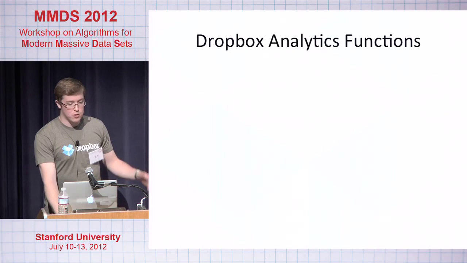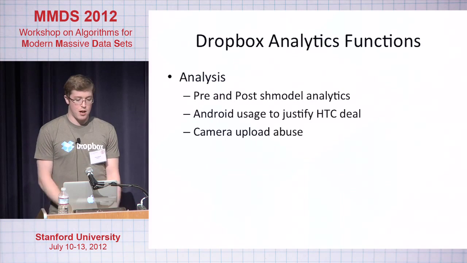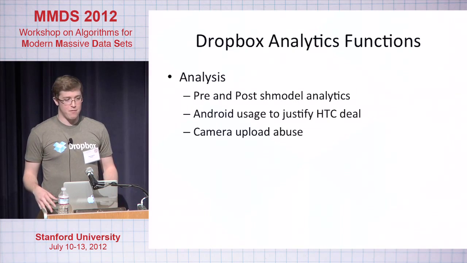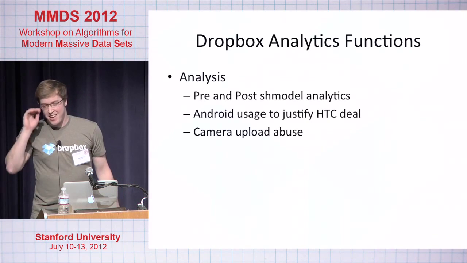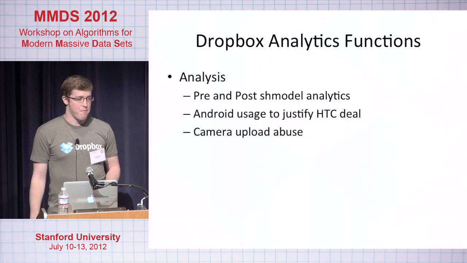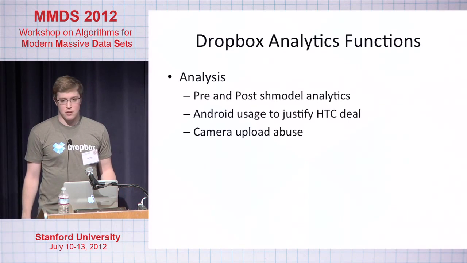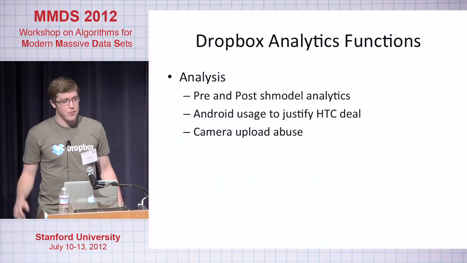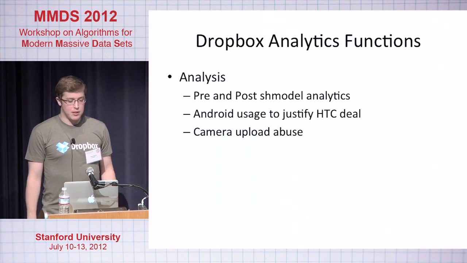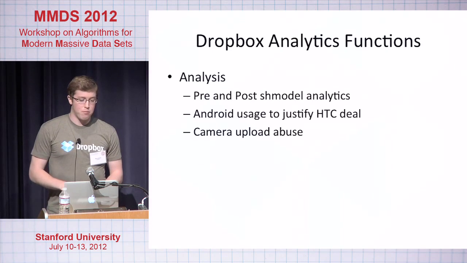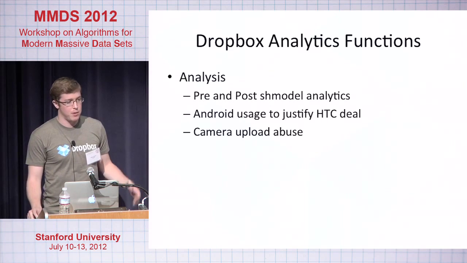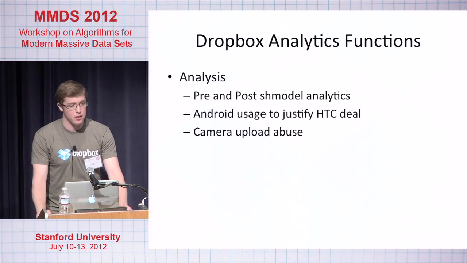So we're of course doing some analysis, and here are a few examples. We recently launched this thing that we call internally Schmodel, and it stands for sharing model. It's a way for people to share stuff in a public way to friends or coworkers, but in a read-only way. You get a link to the file and you can download it. Anyways, we did some analysis pre-launch, or actually even before, while we were designing the feature, to see what sort of things people would put into these Schmodel links.